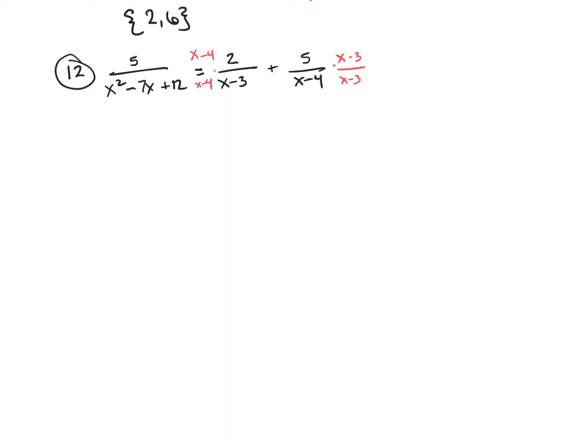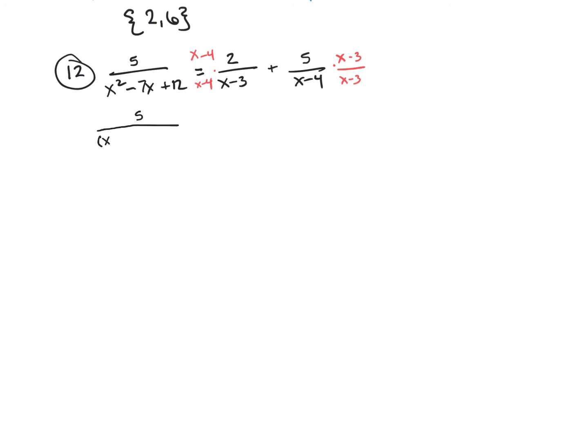And then I'm also going to take a look here at my most left side. I'm looking for two numbers that multiply to 12 and add to negative 7, so I can factor this out. Two numbers that multiply to 12 and add to negative 7 are negative 3 and negative 4.